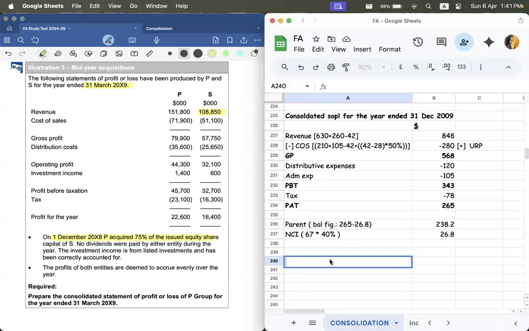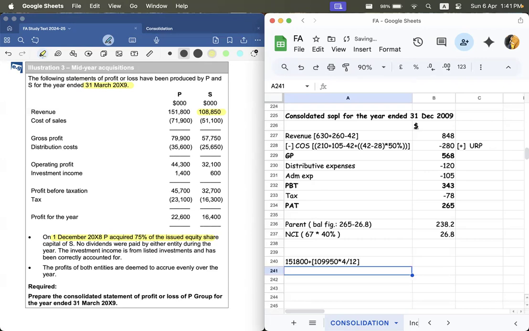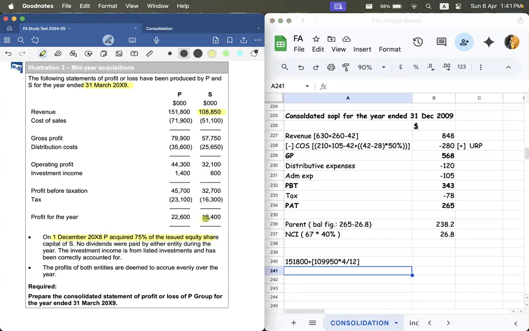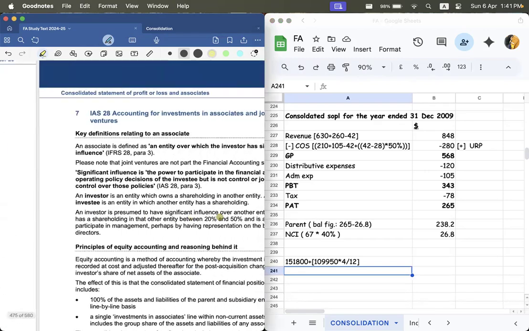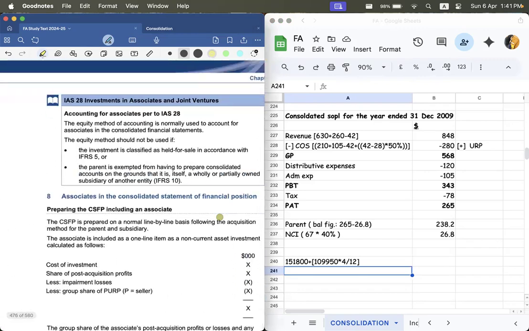You take 151,800 plus 108,850 times 4 by 12. Every amount would be taken like that, including when you find the NCI profit. And that's it. We have done.